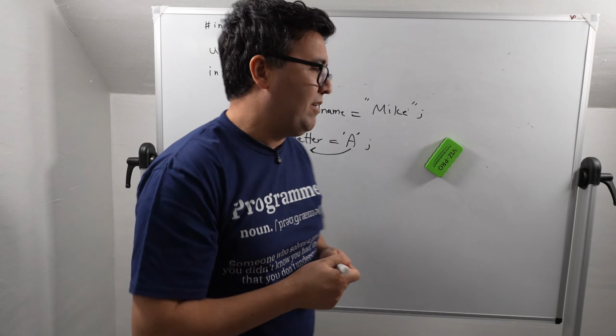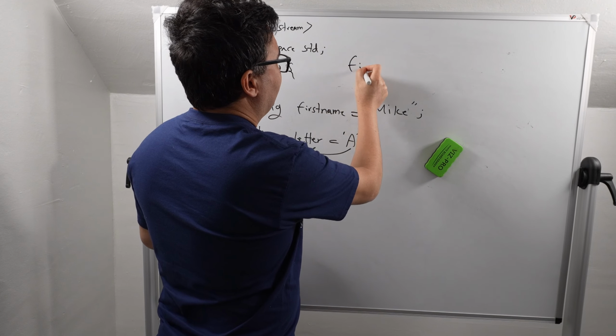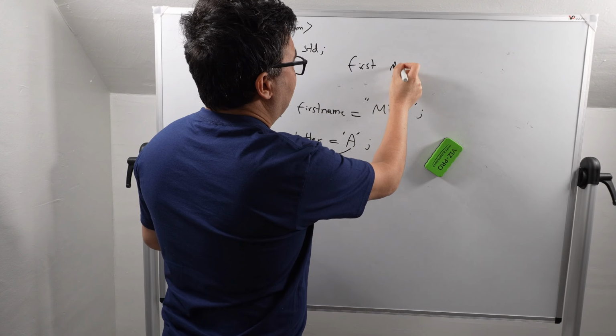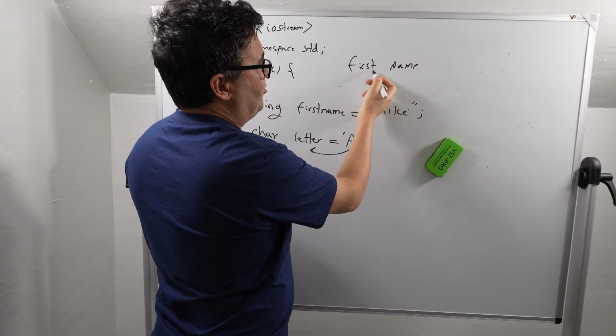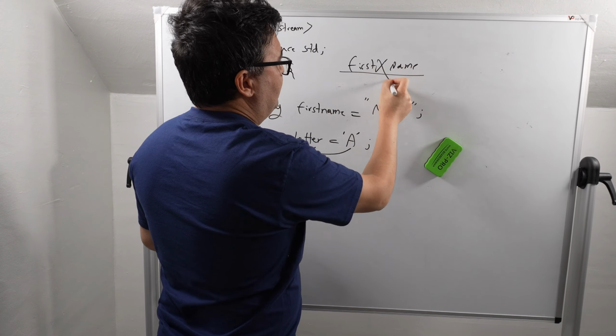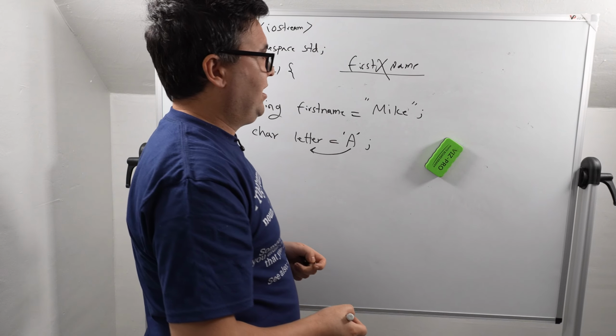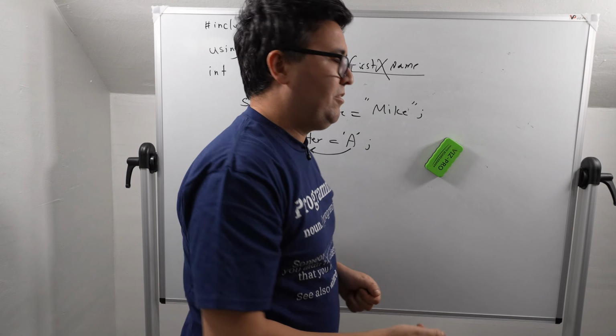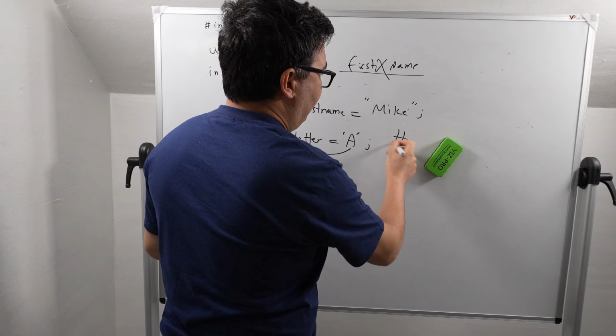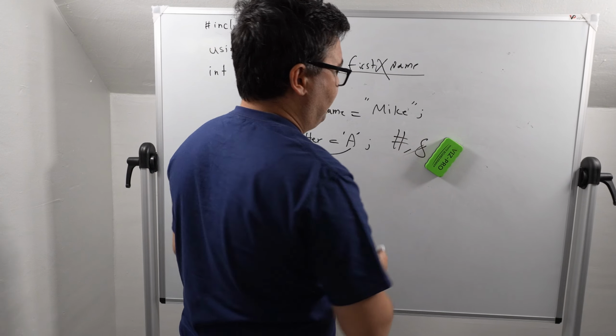Like if you define a variable like first name, you cannot define it like this. We cannot have a space between names. And the variable names cannot contain symbols like hash or dollar sign.